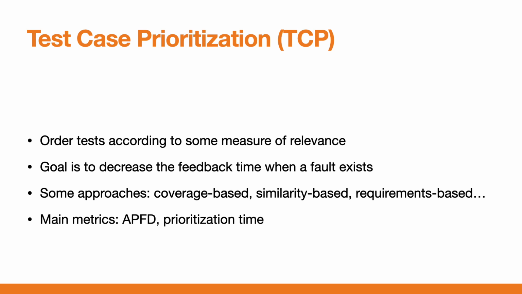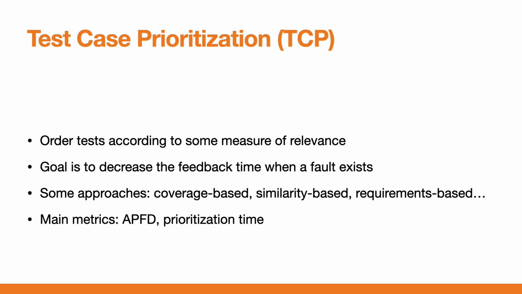So the goal there is, even if we do run all the tests again, we want the notification that a failure happened to be earlier. So it takes less time for a developer to find out, okay, there is something to be investigated here, and get to work on fixing it. It can be coverage based, for example.